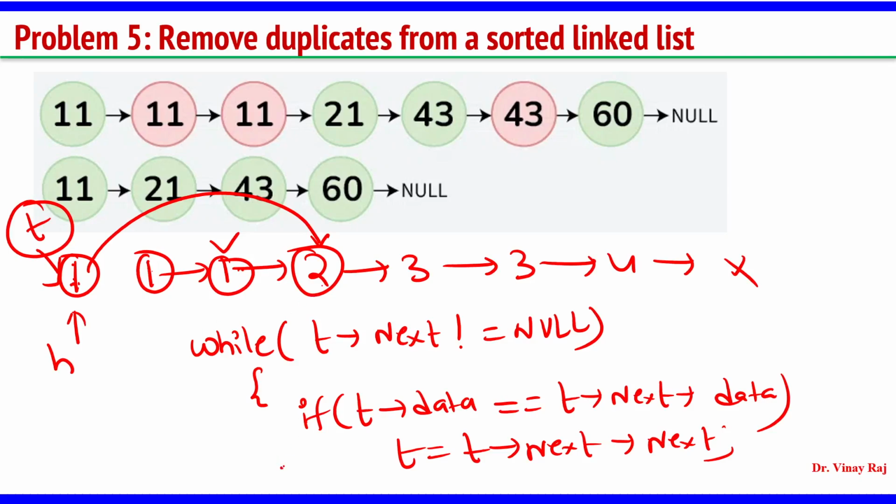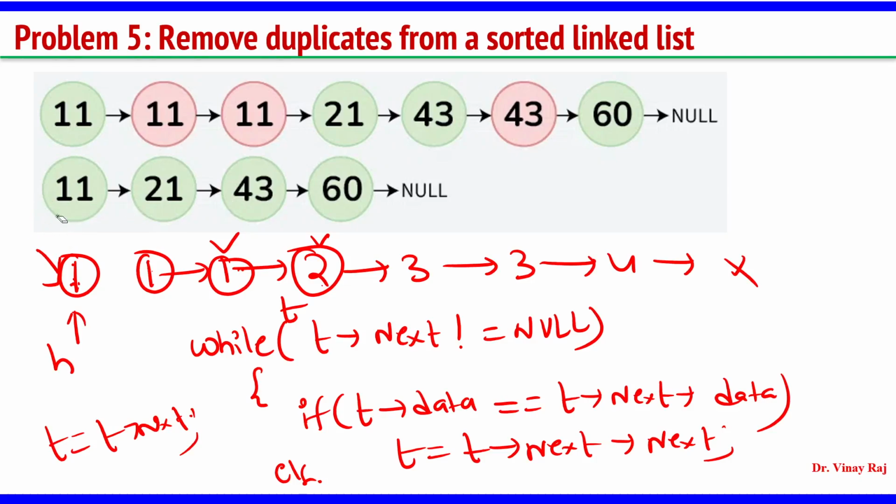No. In the else case, you will simply write T equal to T next. Because of this, my T will come here. From here, same procedure again. Is T next null? No. Is T data, that is 2, equal to T next data? No. Then T equal to T next. So my T comes to 3.